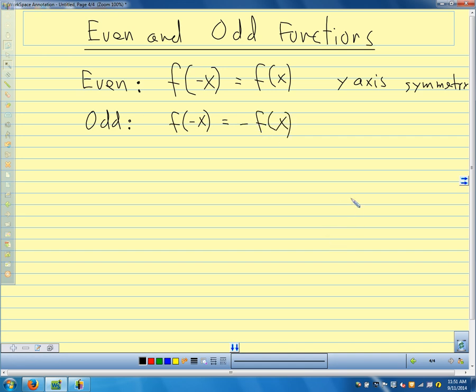And what kind of symmetry do odd functions have? What's the point? Yeah, you could just say 0, 0. 0, 0 symmetry, that's fine. So origin symmetry.